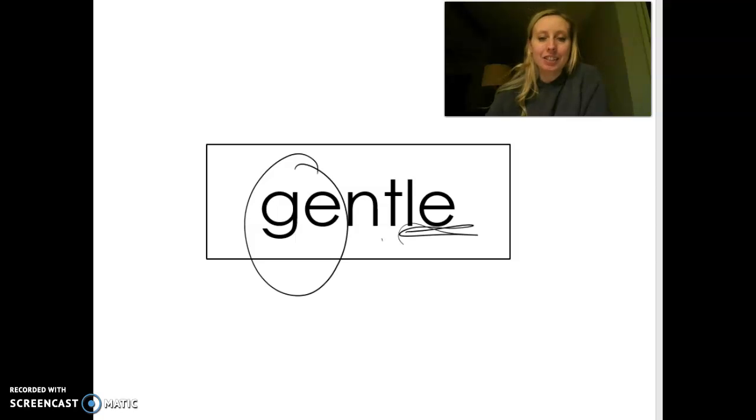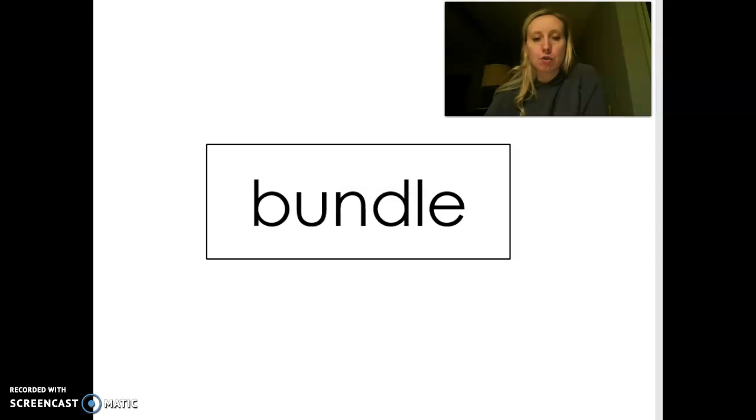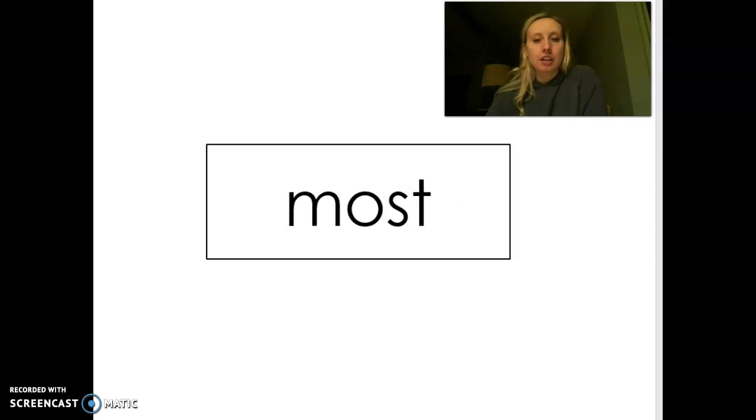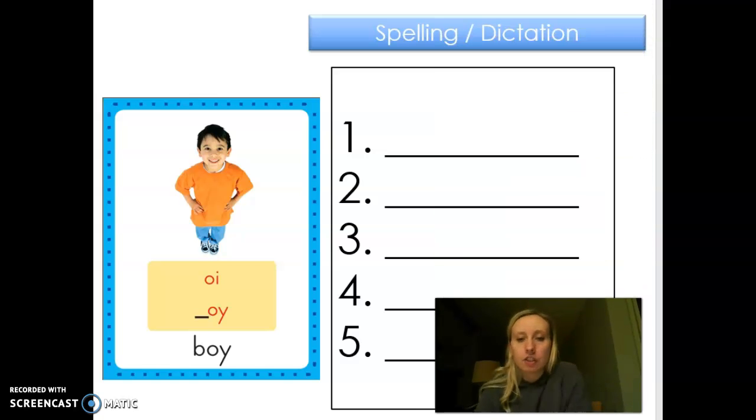Okay, so gentle. 3, 2, 1, moist. 3, 2, 1, bundle. 3, 2, 1, sparkle. 3, 2, 1, most. So we don't have an oi, but we do have o, and it's a long o, so it says o, most.